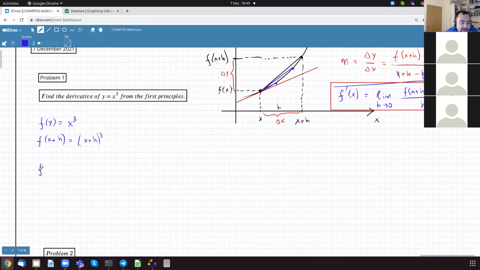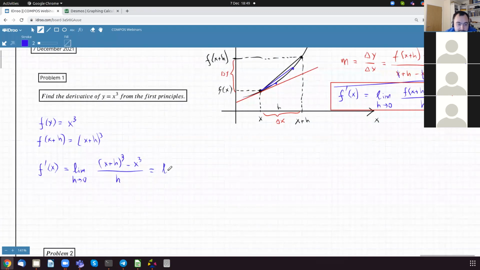So the derivative of f is equal to the limit as h tends to 0 of the expression f of x plus h, so x plus h cubed, minus x cubed, divided by h.